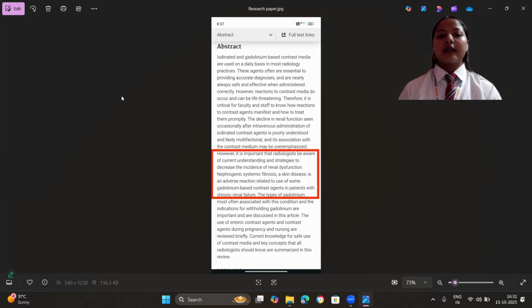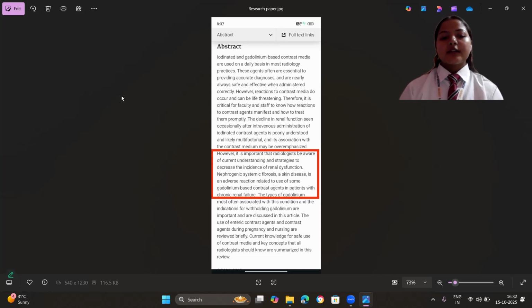It is a rare but serious skin disease linked to the use of certain gadolinium-based contrast agents, especially in patients with chronic renal failure or kidney failure. This condition causes life-threatening hardening of the skin and can even affect internal organs.